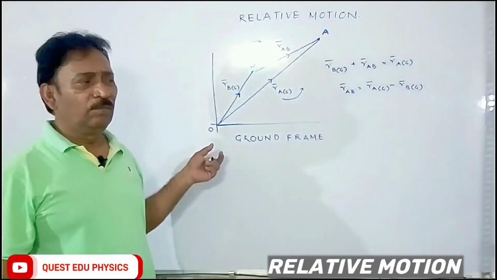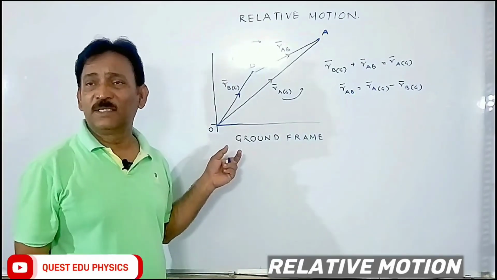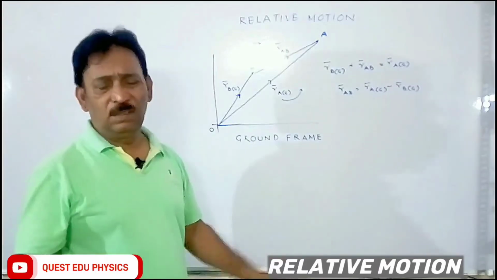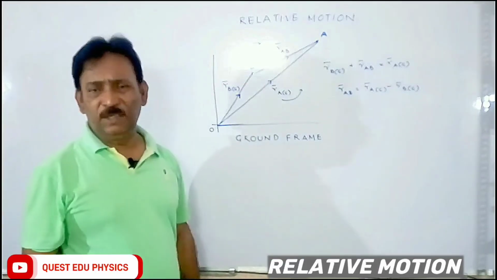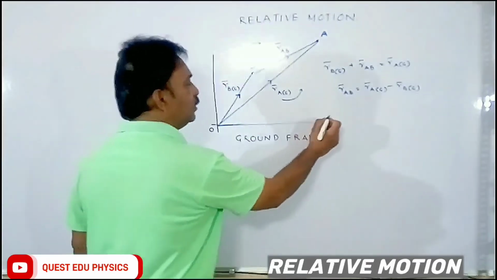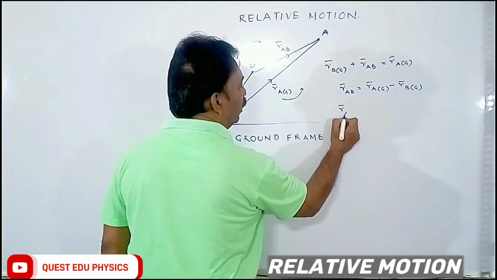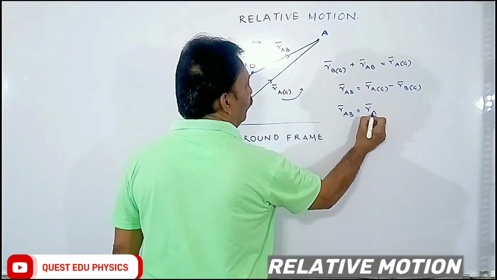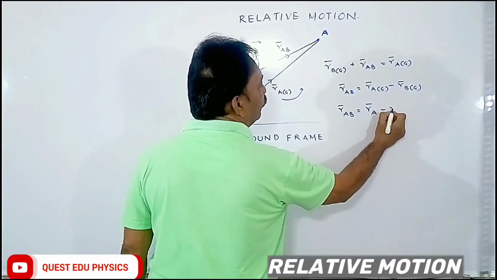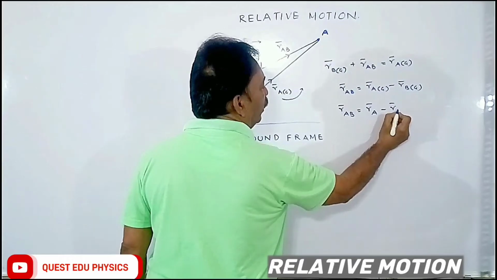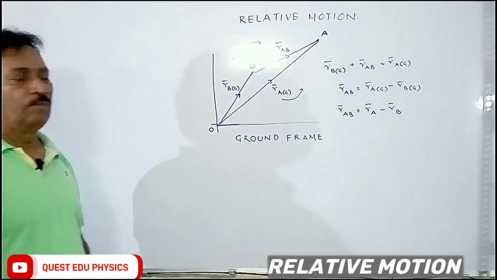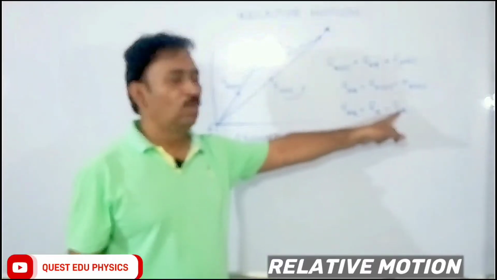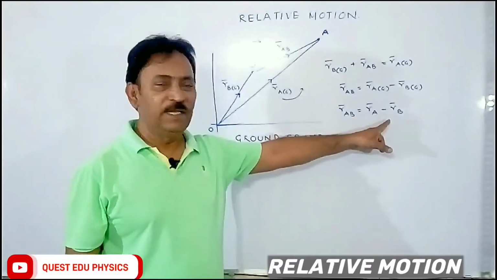Here we took the ground frame as the reference. That's why I am just ignoring the G, ground. Then you can write it as R bar AB might be equal to R bar A minus R bar B. Okay, students, it doesn't mean that there is no presence of the G there.